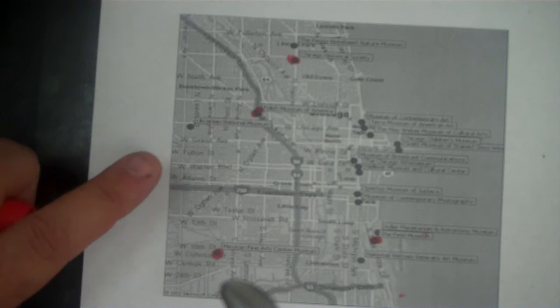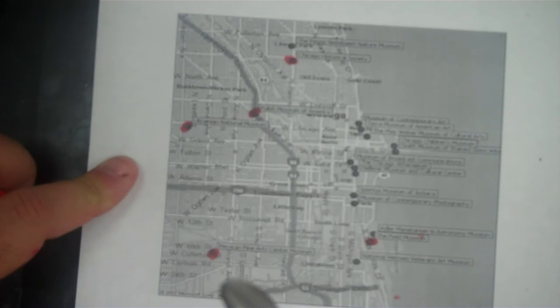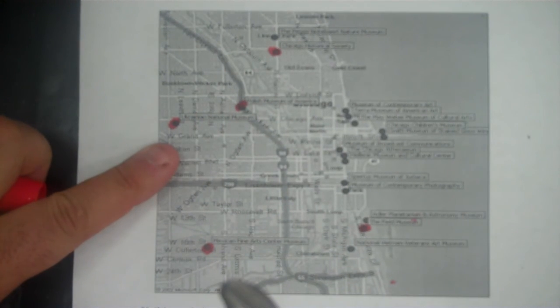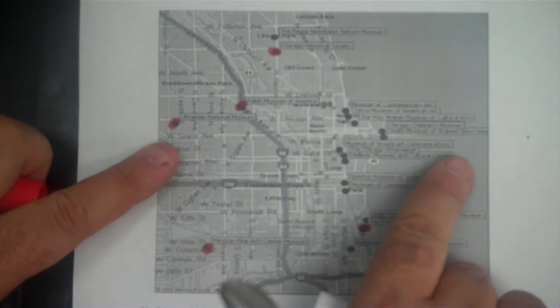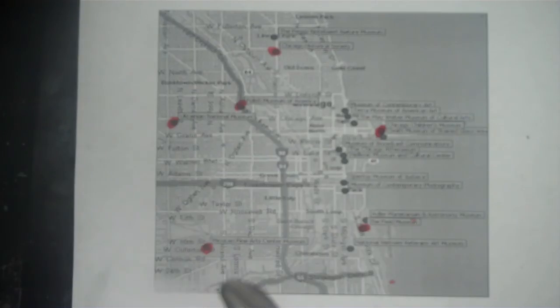Number 23, if this map had a scale of 1 inch is 1.5 miles, how far is it from the Ukrainian National Museum, that's right here, to the Chicago Children's Museum, which is right there? Okay, so I lay my ruler down, and it looks like it's 4 inches.